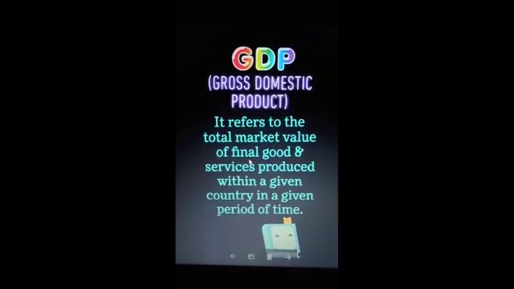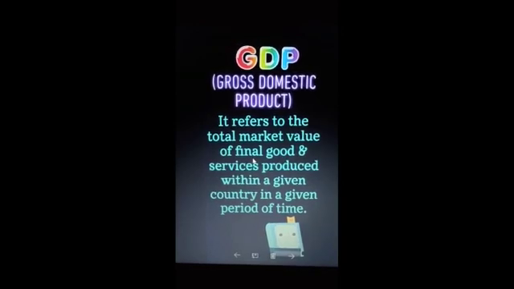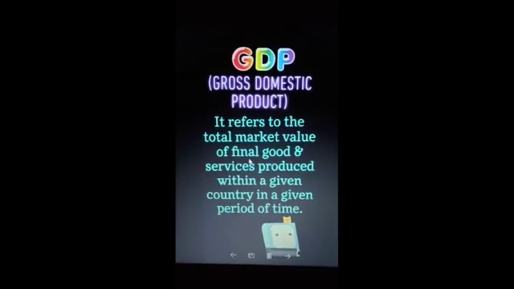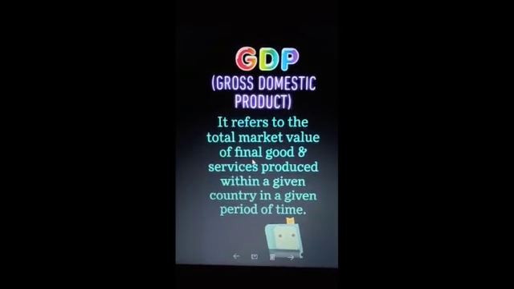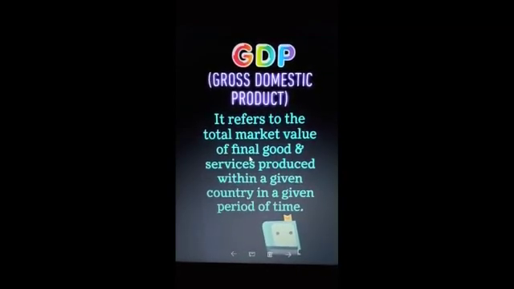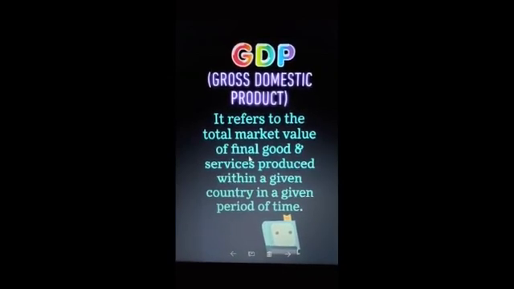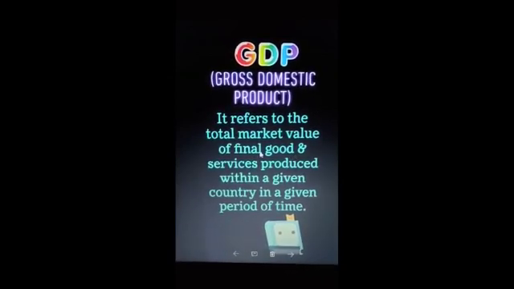But we will not include the value of the intermediate products like that of the steering, tires, etc., because the value of those intermediate goods has already been included in the final good, that is rupees 5 lakh. So that's why we take the concept of only final goods and services.